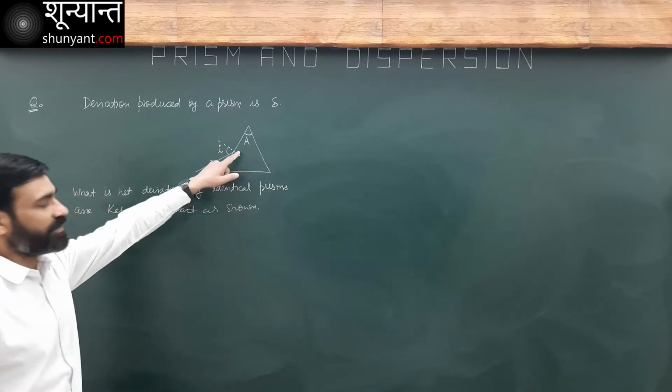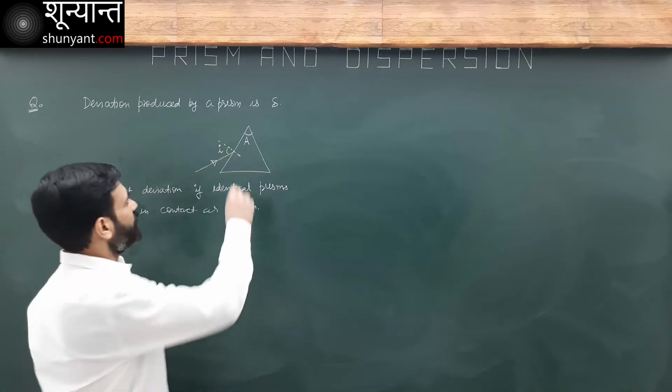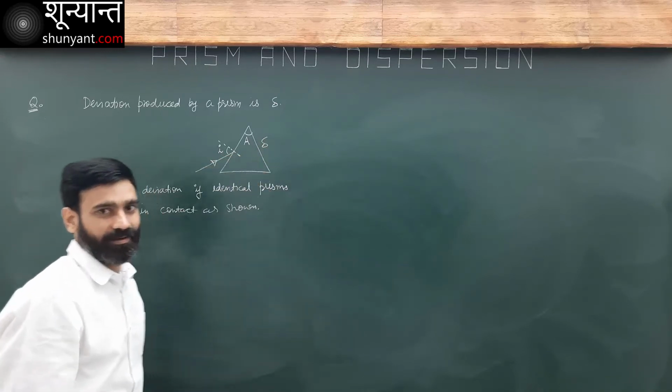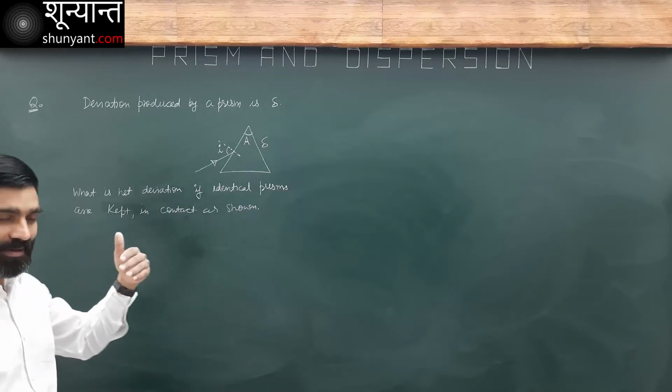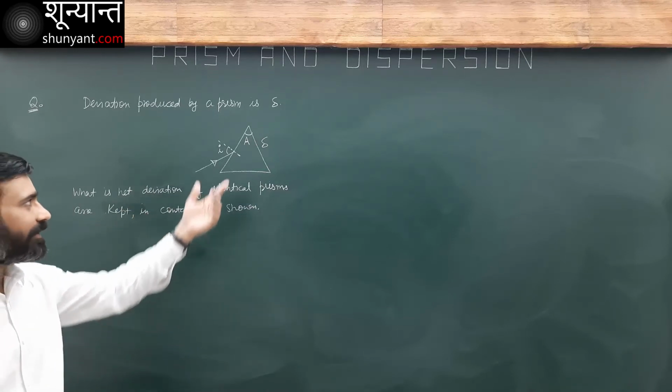I have this prism here. This prism produces this deviation delta. Now what will happen if I place some identical prism in contact?